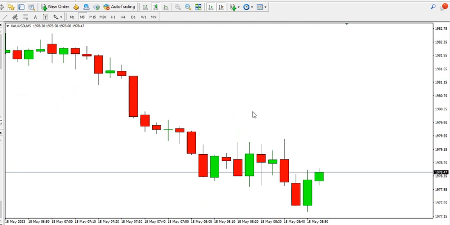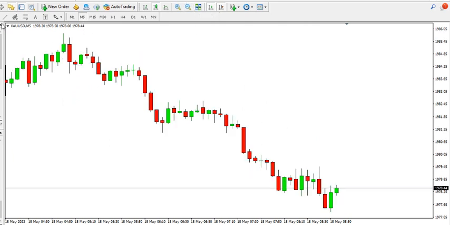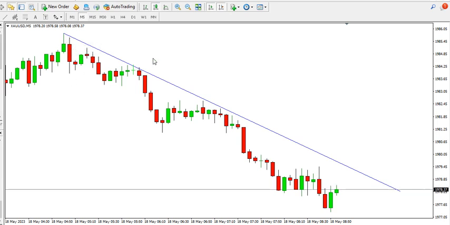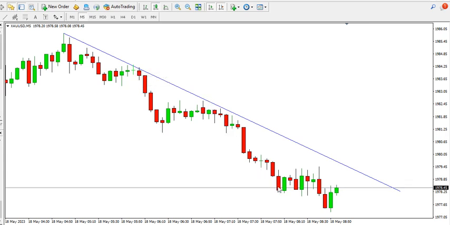On the 5-minute time frame, you can see the price of gold has been bearish. It continues to create lower highs and lower lows, with a break to the lower low.